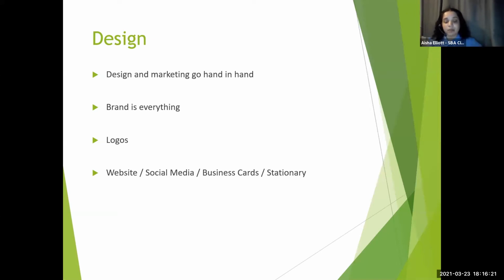So when you look at companies like Google or eBay, you know who they are, mainly because their brand is recognizable. If you can make a recognizable and unique logo, your customers are more likely to remember you when they see you. They'll recognize exactly what your logo is when they see you online, or when they see your business cards, or when they pick up a pen that has your logo on it.